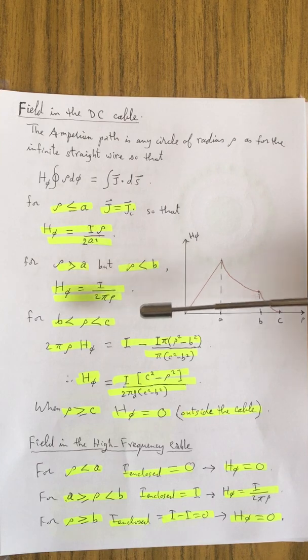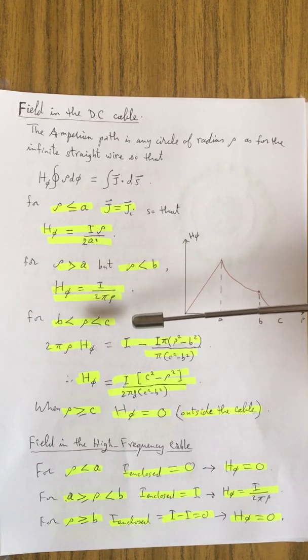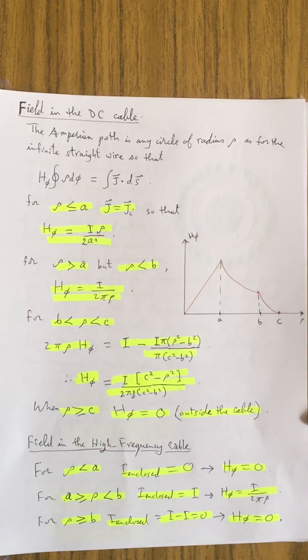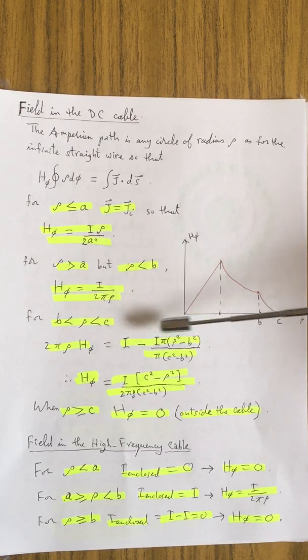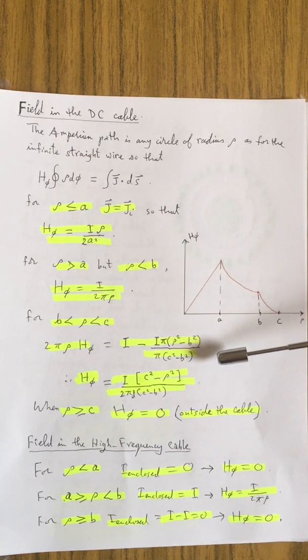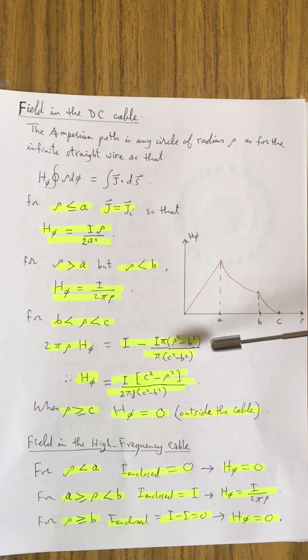Okay. And for b less than rho less than c, the total current enclosed in Ampere's law is the inner current I minus the portion of the outer current enclosed by the circle of radius rho, between b and c. Okay.